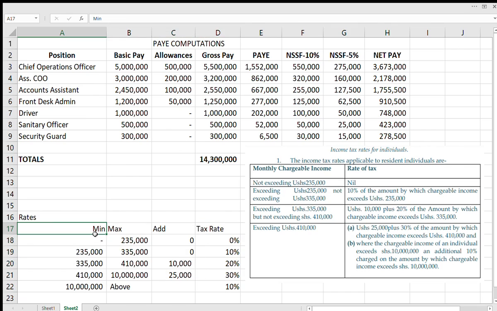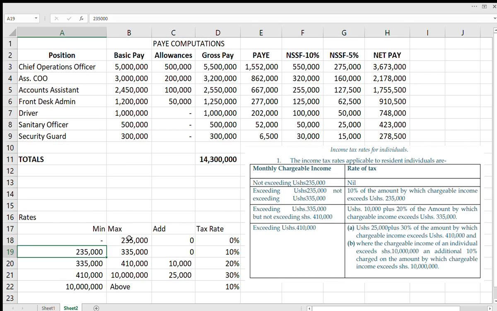This has what we call the brackets, which have the minimum and the maximum, or the thresholds, which you can follow here. If you see, not exceeding 235,000, the minimum is 0.